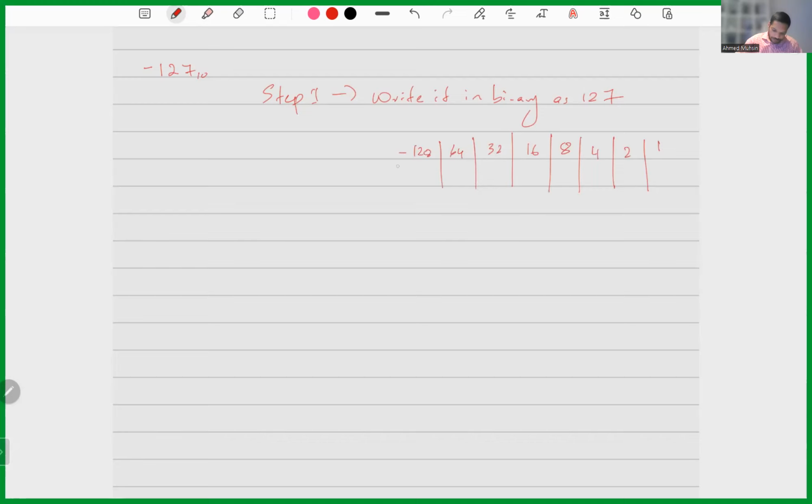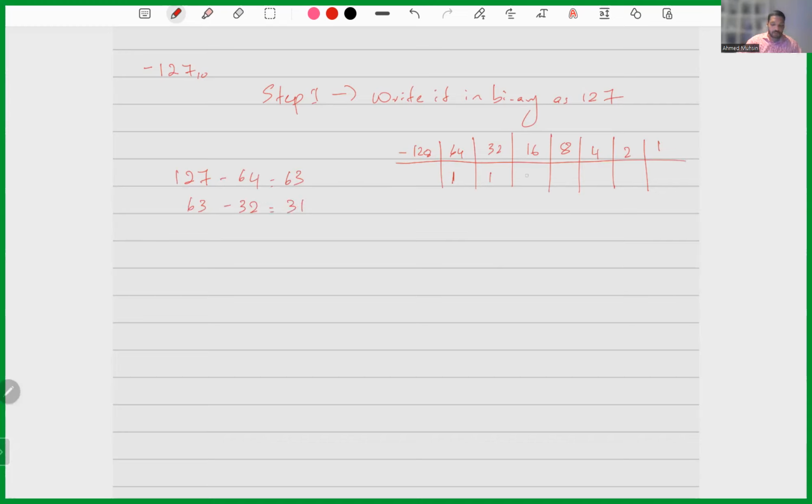Then to fill this, 127 is closest to 64. 127 minus 64 leaves 63. 63 is closest to 32, so you put a 1 over here. 63 minus 32 will become 31. Let me just double confirm. Of course, it will be 31.